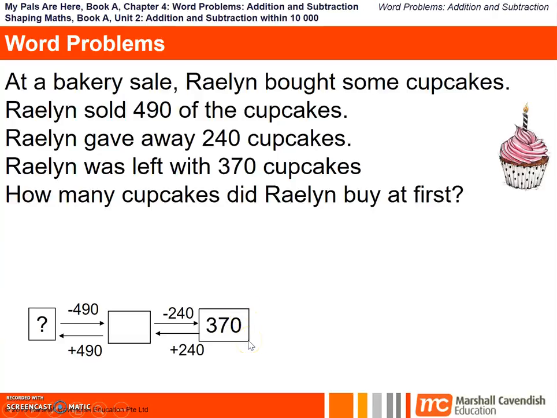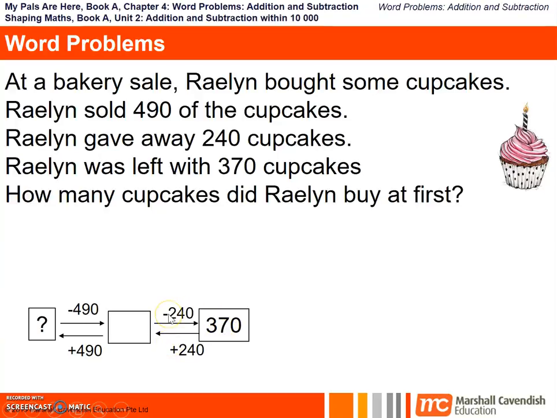So now to proceed with working backwards. So if you're working backwards, what you subtract initially, you will then add, because you are working your way back to the start, back to what she had at first before she sold and gave away cupcakes.